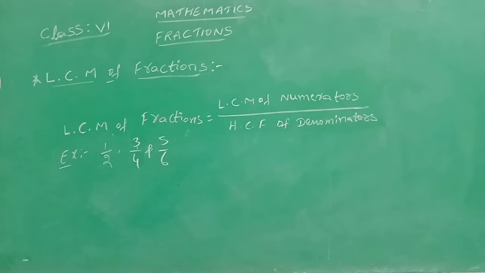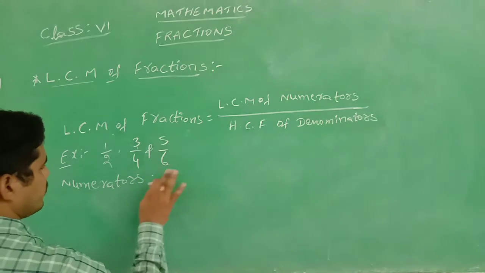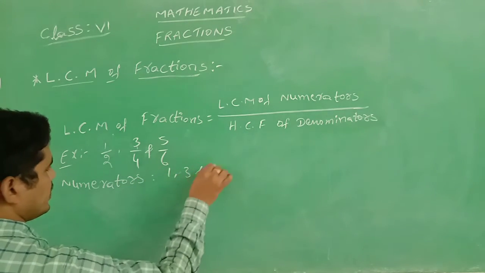Step one is always writing the numerators. The numerators are 1, 3 and 5.